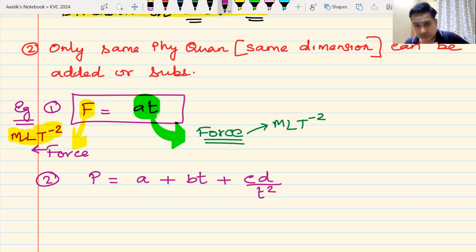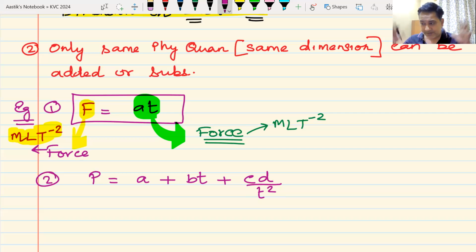I only told you F is force. So you cannot assume anything on your own unless and until the question tells you that this is this. A is not always acceleration. A can be anything. A can be length. A can be height. A is A. A is not acceleration. Okay. Shall we move ahead?